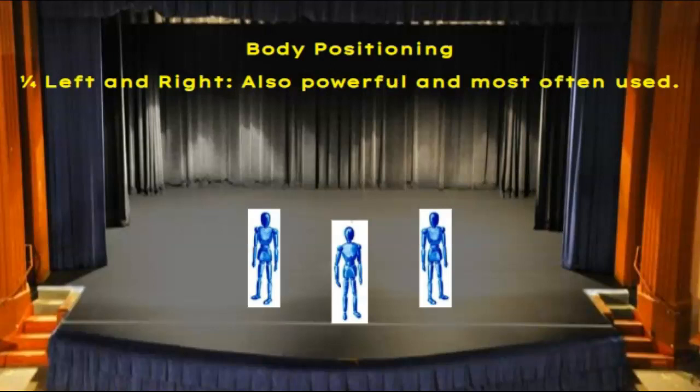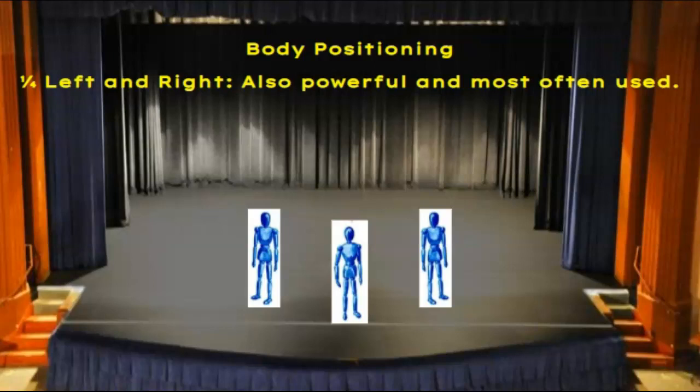Here we have a quarter turned left and right. Remember, if you're left, it's to the performer's left. If you're quarter turned right, it's to the performer's right. This is also a powerful stage position, and it is not the most powerful stage position, but it is the one that's used most often. It's a little more dynamic, especially if characters are talking to each other on stage.